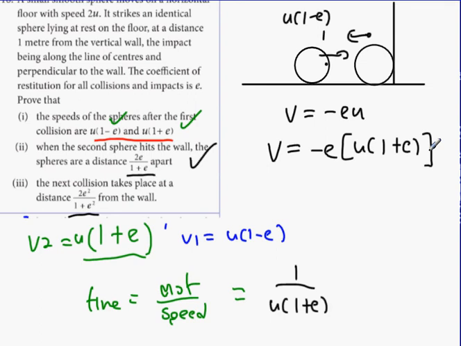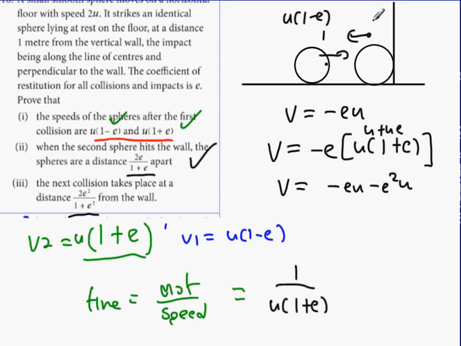Now the velocity therefore is equal to, we'll just multiply this out, u plus ue, multiplied by minus e. You're going to get minus eu minus e squared u. Is that right? So that's your rebound velocity.